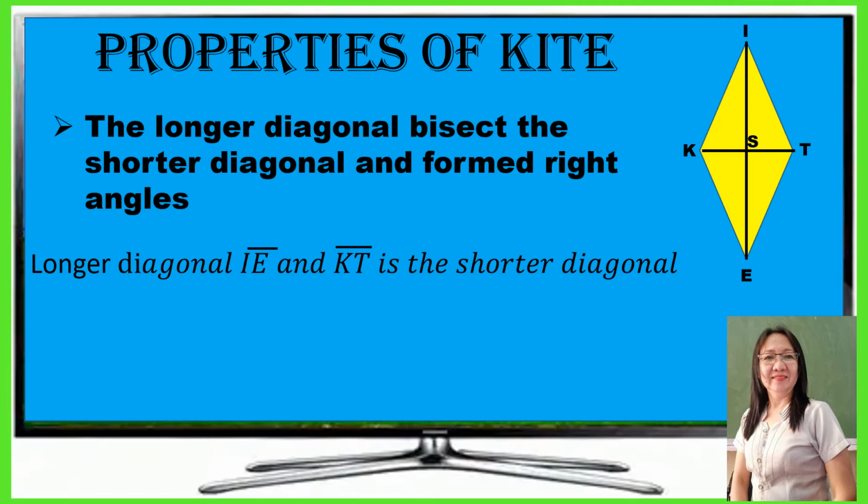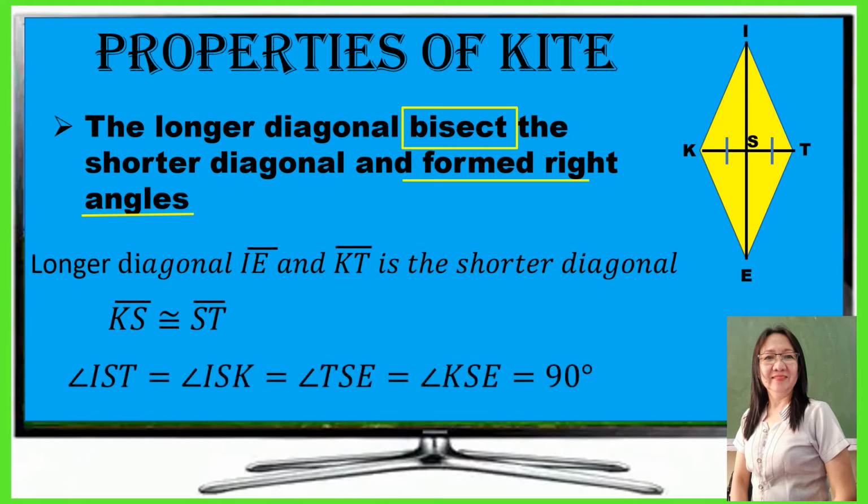Again, it is stated that the shorter diagonal is bisected by the longer diagonal. Therefore, KS is congruent to ST. Let us put the tick marks. Then these diagonals are perpendicular to each other, that's why they form right angles.